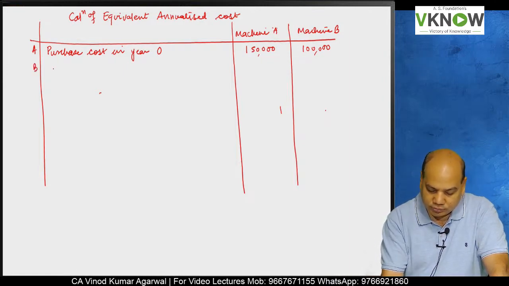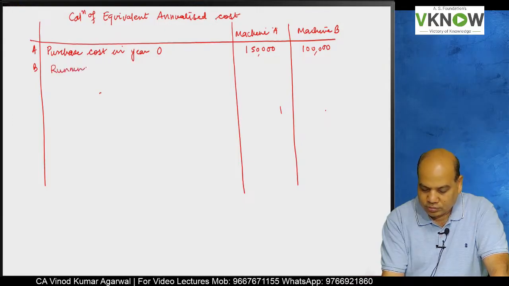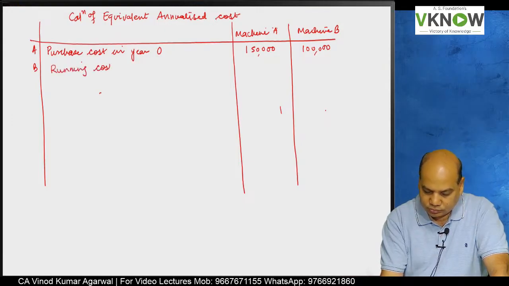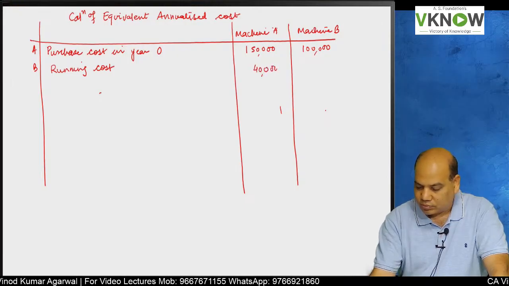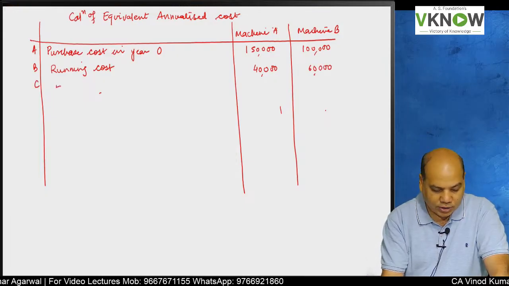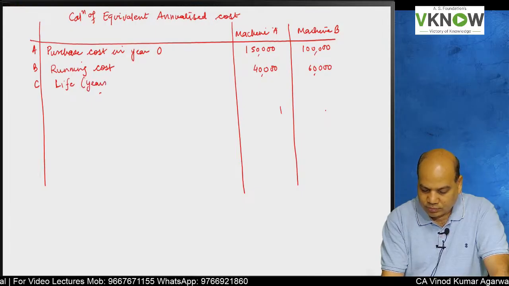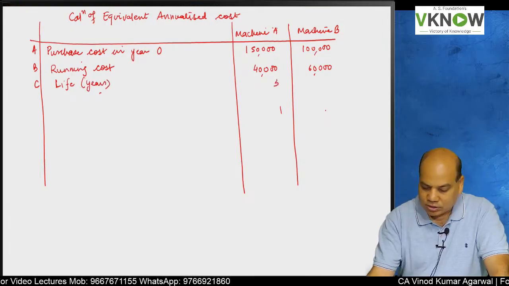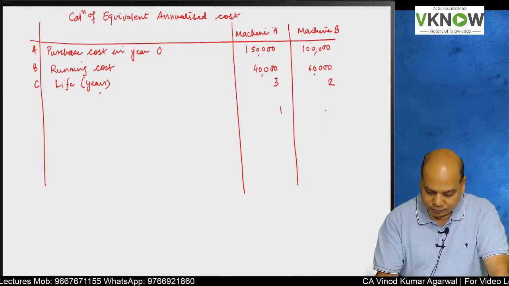Second, write down running cost. Running cost is 40,000 and 60,000. Point C, write down life in years. This has 3 years life. This has 2 years life.